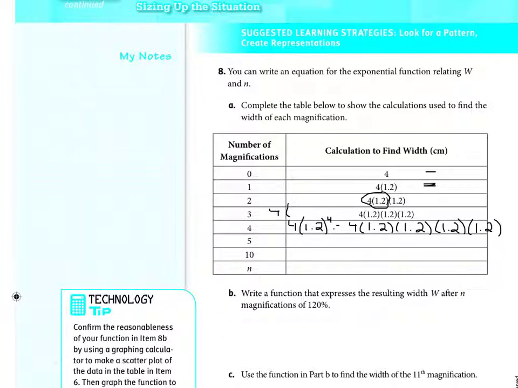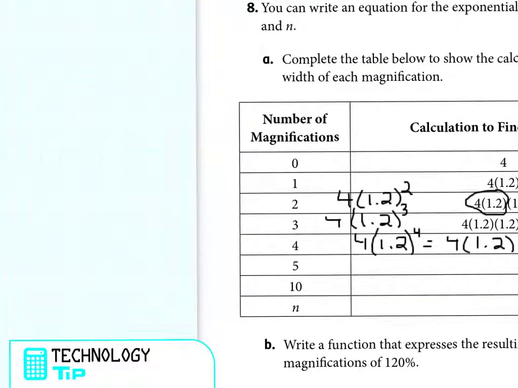This would be 4 times 1.2 to the third. 4 times 1.2 squared. Four times 1.2 to the first would give us 4.8. But if I kept following that pattern, this would be 1.2 to the 0 power.